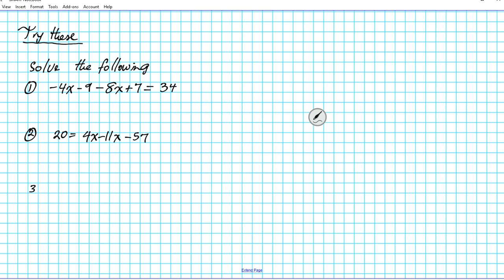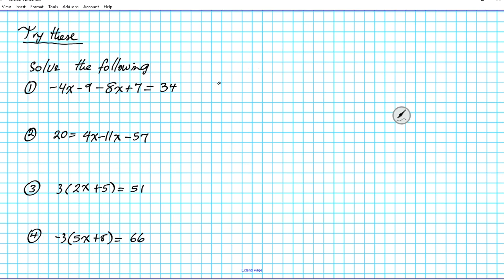Number 3, let's say you have 3 times the quantity 2x plus 5 equals 51. And then number 4, let's say you have negative 3 times 5x plus 8 equals 66.